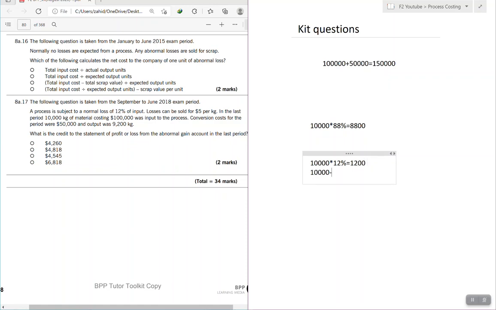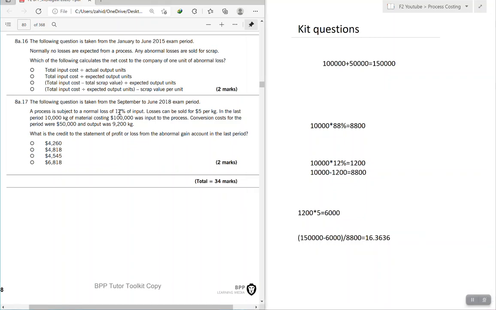Or you could just simply take 10,000 minus 1,200. It will give you that 8,800. Okay, this 1,200 can be sold at 5, which is 6,000. So now take 150,000 minus 6,000 divided by expected output, which is 16.36 if I've done it correct.